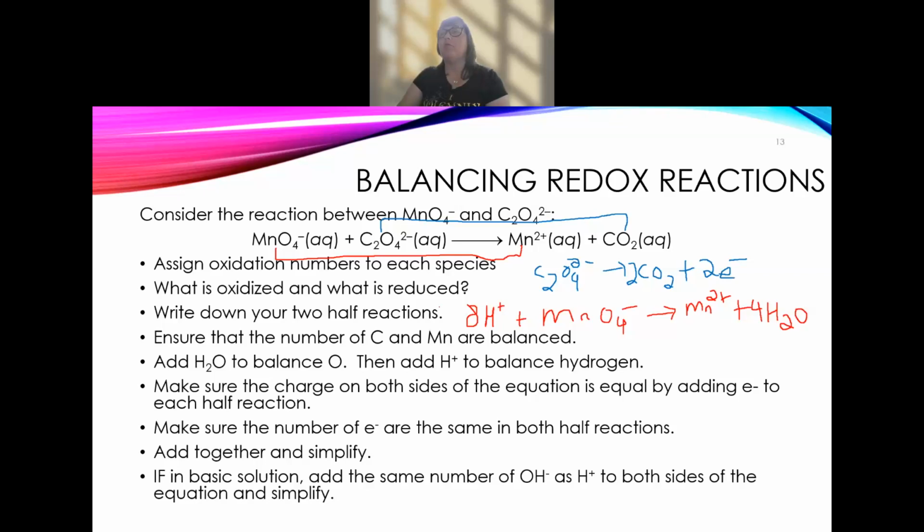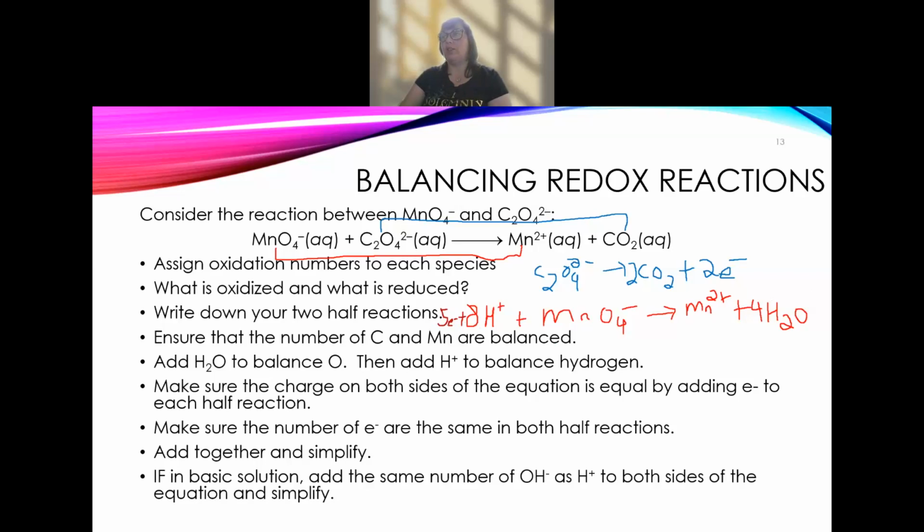Sorry, I was looking at my hand scratching, it made no sense to me. So I'm going to do 5 e- and add that there. And that's going to give me a net of 2 plus. So 8 minus 5 is 3, minus 1 more is 2 plus. So I'm 2 plus on both sides.